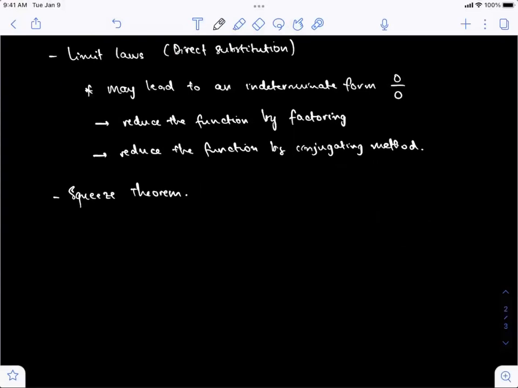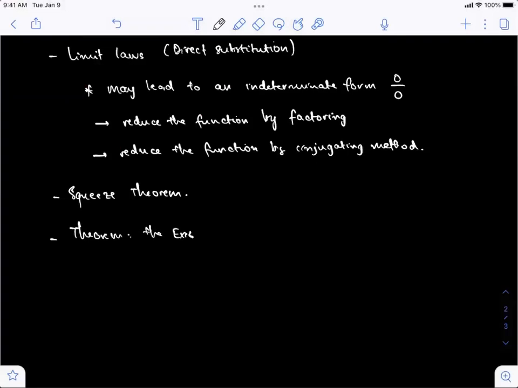Now there's a very important theorem for finding the limit of a function, which is the existence of limits. The limit exists if and only if the left-hand limit equals the right-hand limit and they equal the same value.